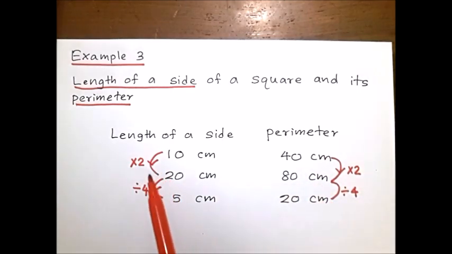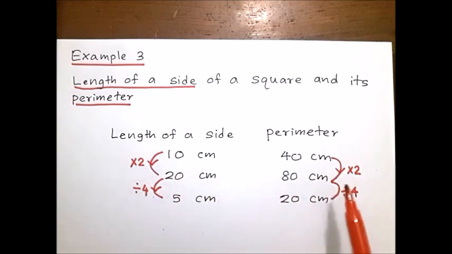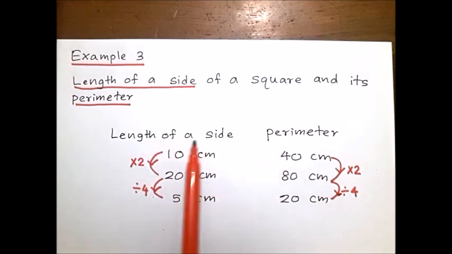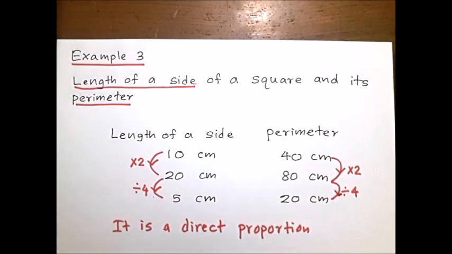Now here, if one quantity increases, the other quantity also increases in the same ratio. The ratio is 2. If one quantity decreases, the other quantity also decreases in the same ratio. The ratio is 4. Now we can say these two quantities are directly proportional. It is a direct proportion.